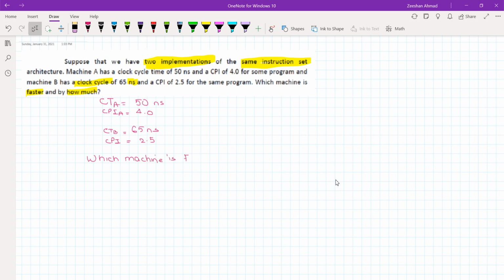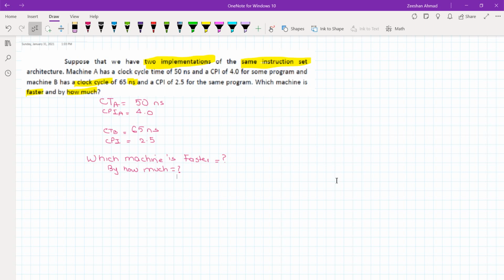First this one, and then by how much here. Okay, so now first of all, what is the information provided to us? We have the cycle time and we have the CPI. If you want to check which one is faster, we can check it by finding the execution time or the CPU time here.